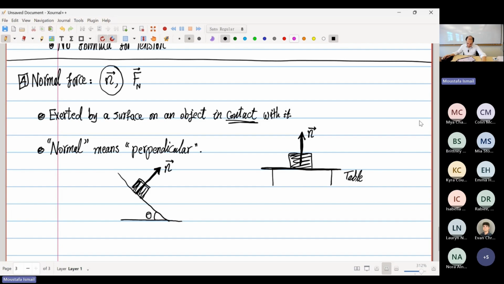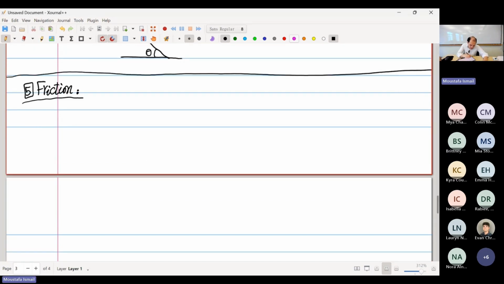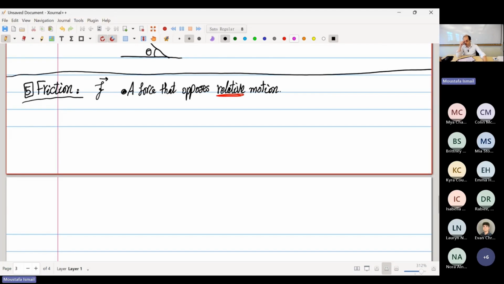Then we have friction. Friction is denoted by a lowercase f, and it's a resistive force. It's a force that opposes or resists relative motion. The word relative here is very important because it doesn't just resist motion in general, it resists relative motion.